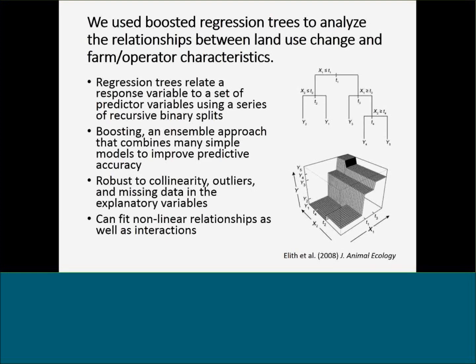And it's a nice method. It's robust to things like collinearity, outliers, and missing data, which is a big issue with these survey data sets because respondents tend to leave some of the questions unanswered. So we have a lot of missing data to deal with in the responses. And it's a flexible method that can fit nonlinear relationships as well as interactions.